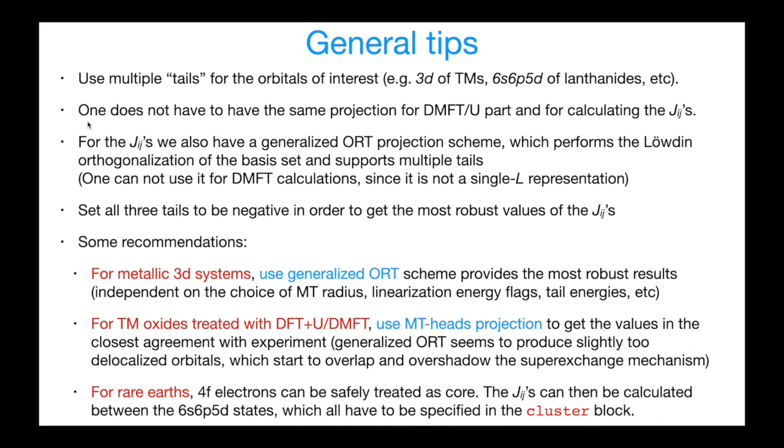And it becomes quite useful, for example, if you work with a transition metal alloy and you have some self-energy produced by DMFT using Muffin-tin heads projection. You can read the self-energy in this basis, but when calculating the JIJs, you can use generalized LMTO, because generalized LMTO is known to give you more robust results, and I strongly recommend to use it for metallic systems.